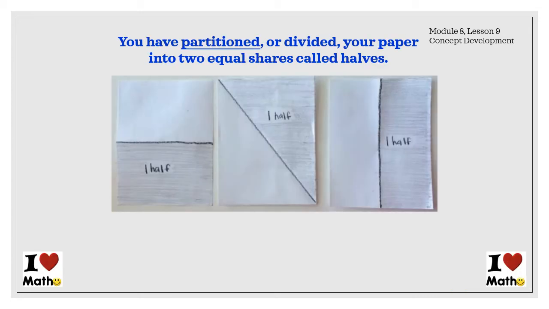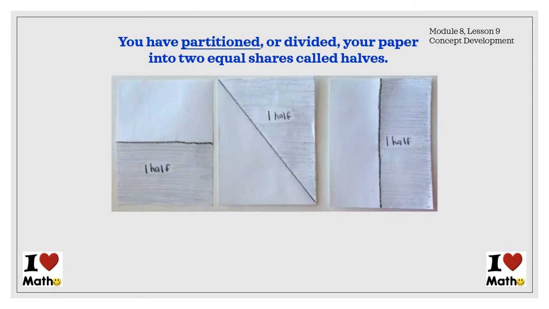Here are some other ways you could have folded your rectangle in half differently than mine. On the first example, they decided to turn their paper up and down, and they folded it from top to bottom. So we have a horizontal line dividing that.